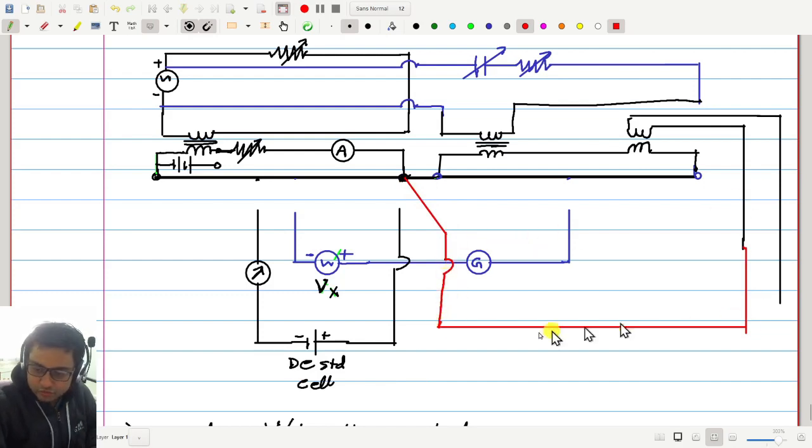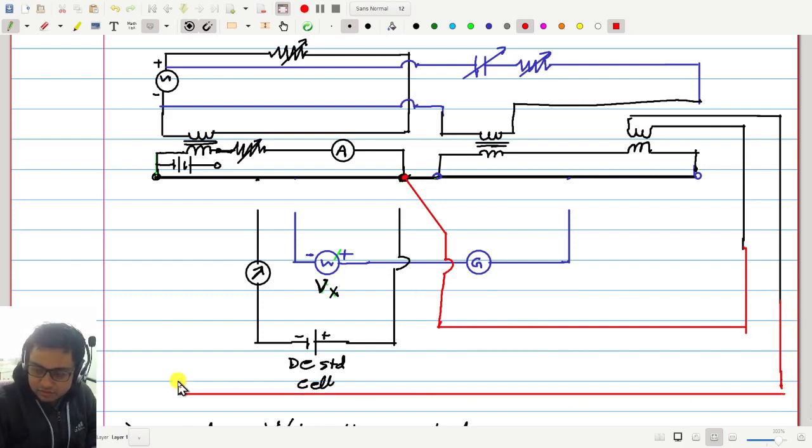One end of this output is connected to this end, and the other end, this diagram will be ugly, but that's fine. This other end I will connect with a jockey here.